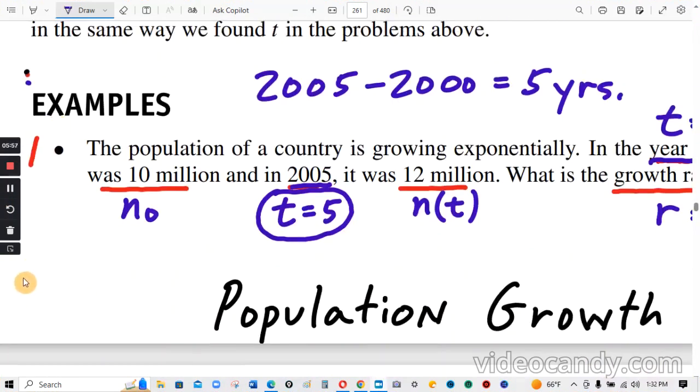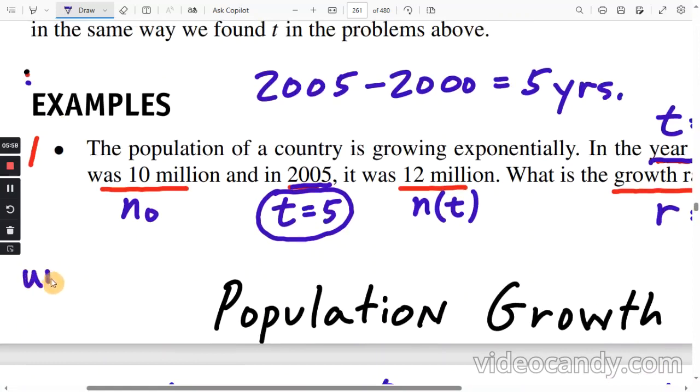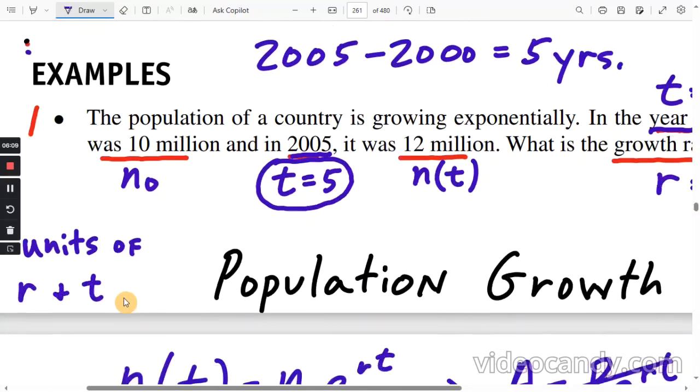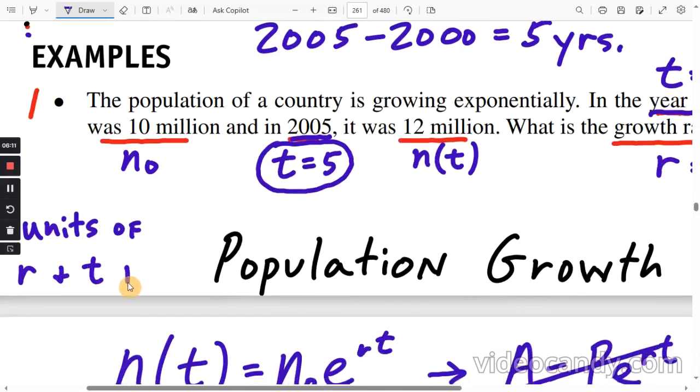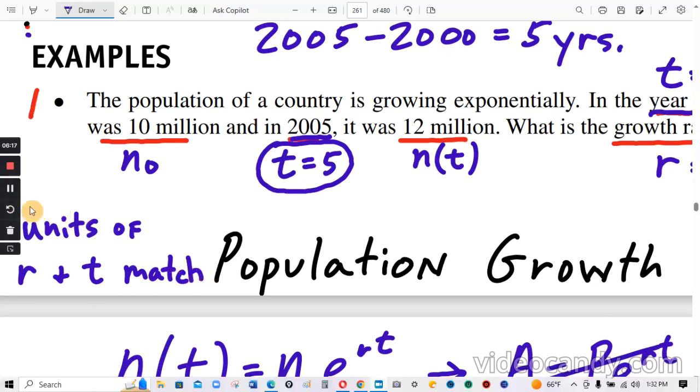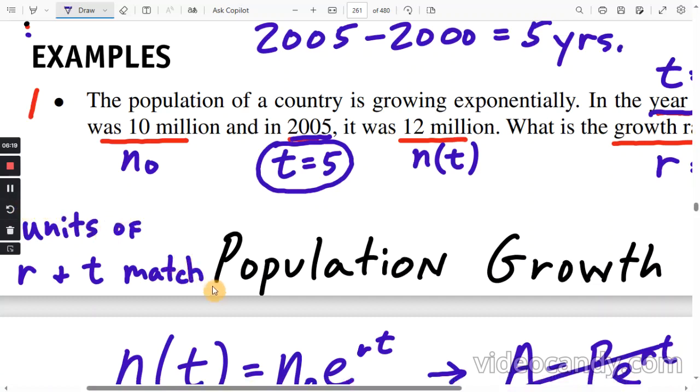Remember, the units on R and T must match. So let me write that off to the side here. Units of R and T match. That's a good reminder there. The units of R and T have to match.